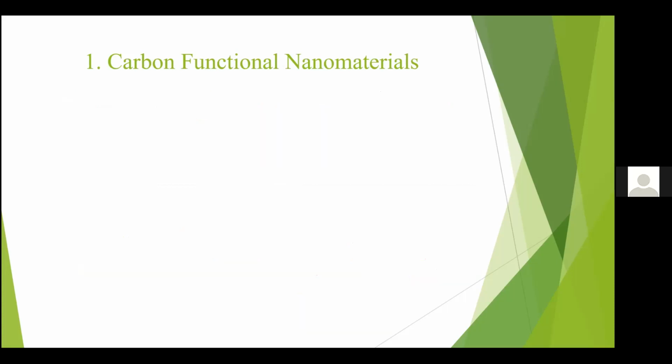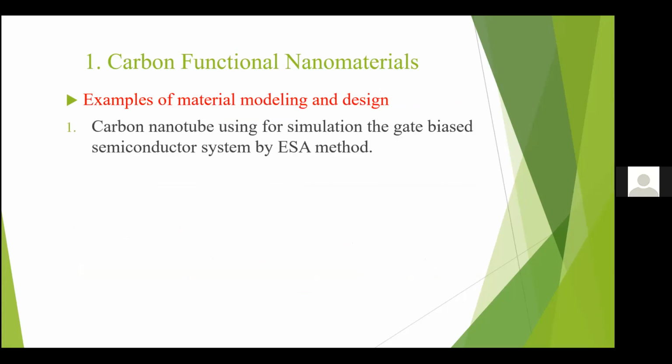And now I introduce some examples of material modeling and design. The first is carbon nanotube, using simulation of the gate-biased semiconductor system by the ESM method. This method depends on the bias voltage.